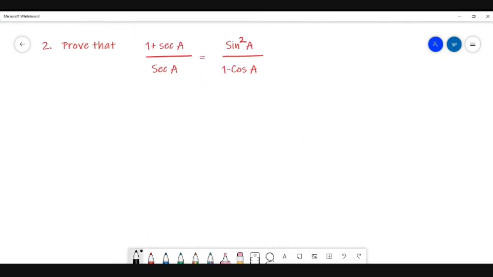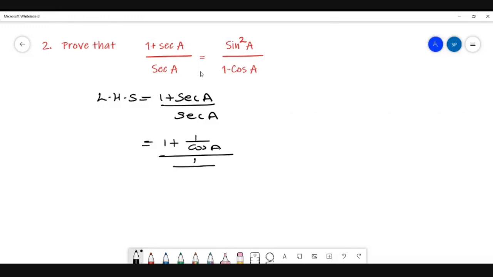Now let us do the second question. Prove that (1 plus sec a) by sec a equals sin square a by (1 minus cos a). So let us take the LHS, left hand side, as LHS equal to (1 plus sec a) divided by sec a. Now this also we write in terms of cos, that is 1 plus 1 by cos a divided by 1 by cos a.